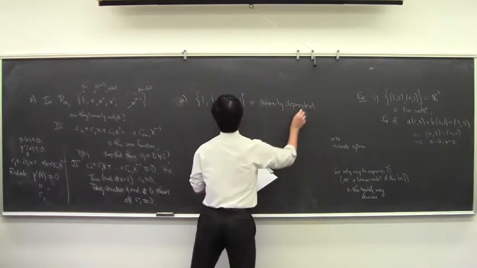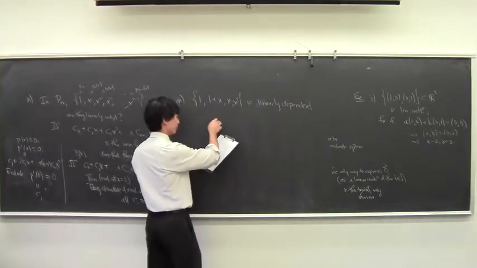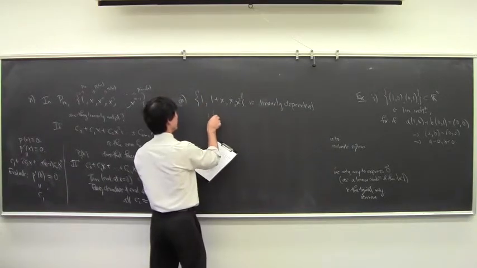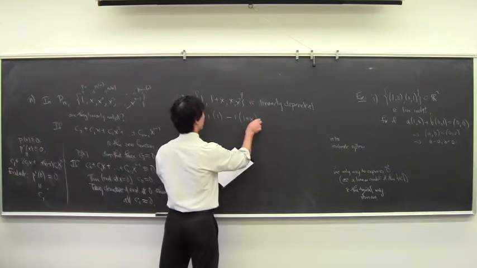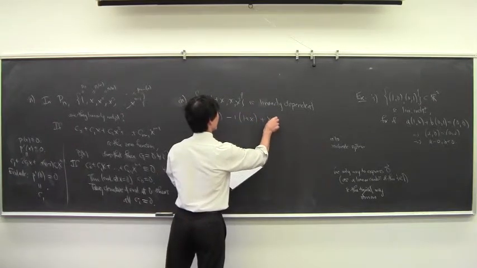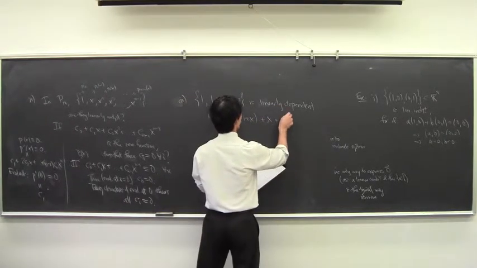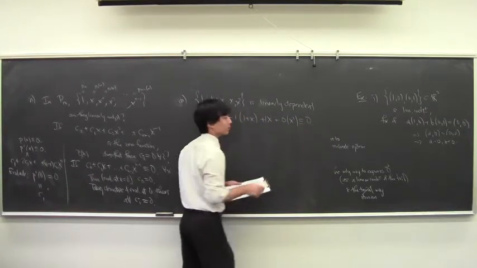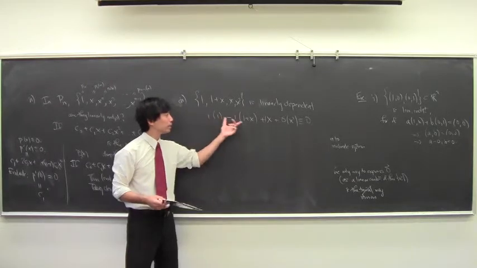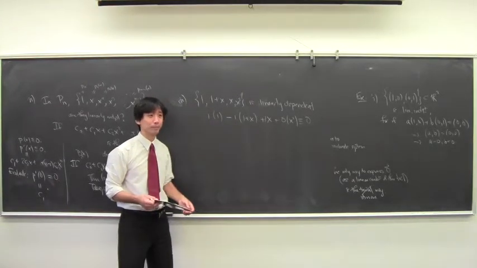Right. Because you can take one of the first guy, minus 1 of the second guy, plus 1 of the third guy, plus 0 of the fourth guy, and you get the 0 function. There's a linear combination of these guys that yields the 0 function.